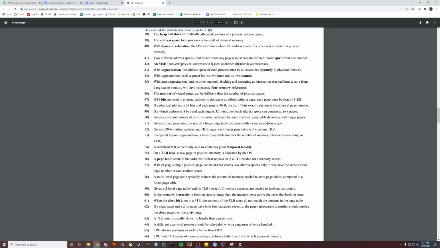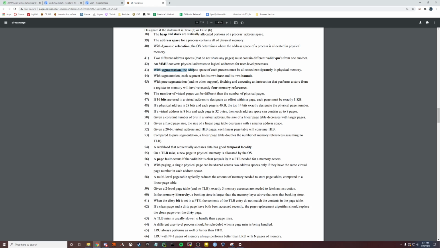If physical and logical were swapped on either side of the word to, I think it would be true, but I think this is false then. It converts logical addresses to physical addresses for a user level process. So false. Okay. So 42 false.